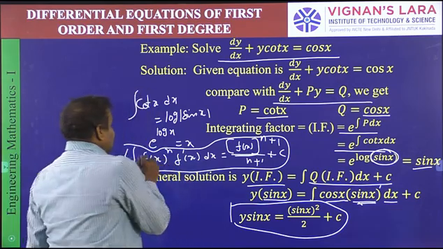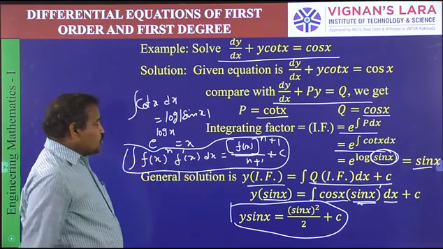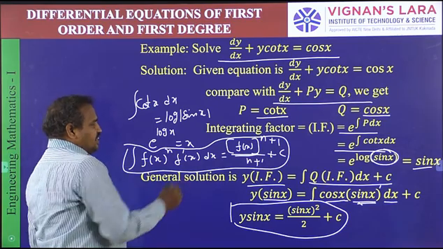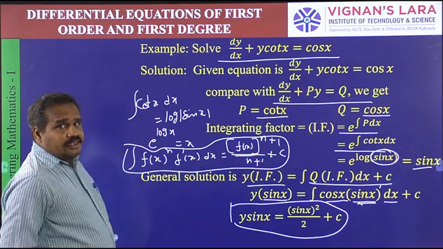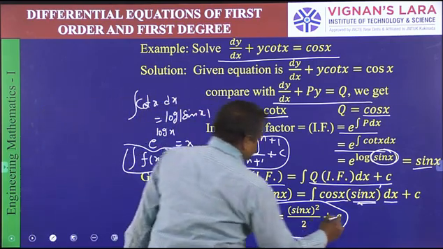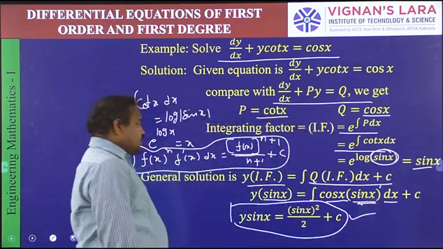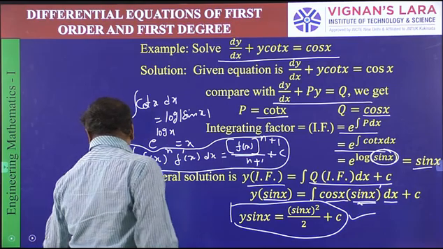So here what is the formula? Integral f of x whole power n into f dash of x dx is equal f of x whole power n plus 1 by n plus 1 plus constant.